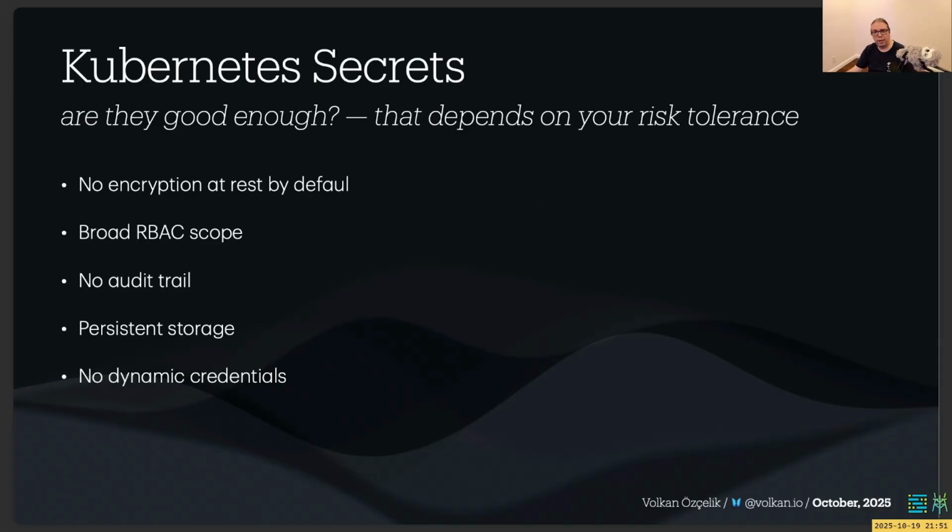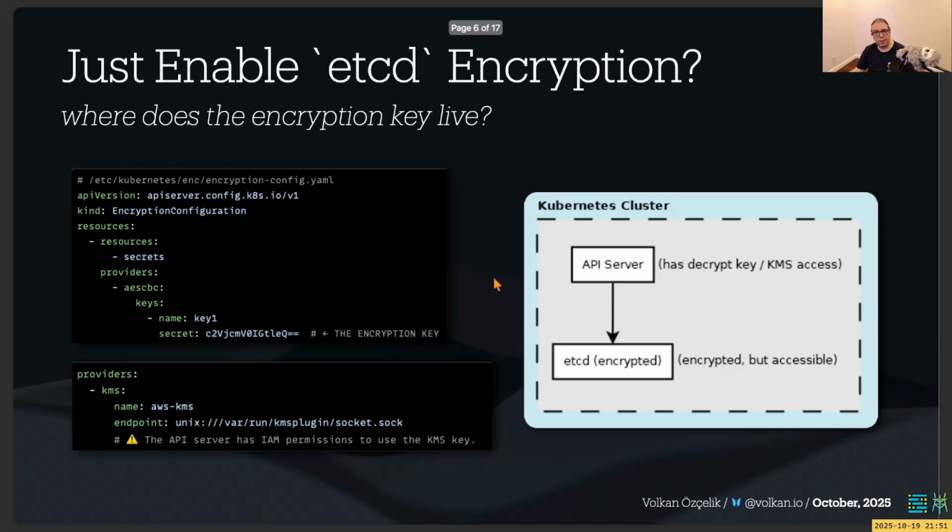Why? Because etcd encryption relies on keys that the API server must be able to access. In practice, that means that the key must reside somewhere reachable by the API server. So if an attacker gains control plane access, then they can read the key and decrypt the stored data.